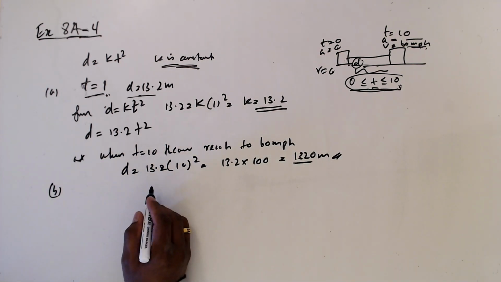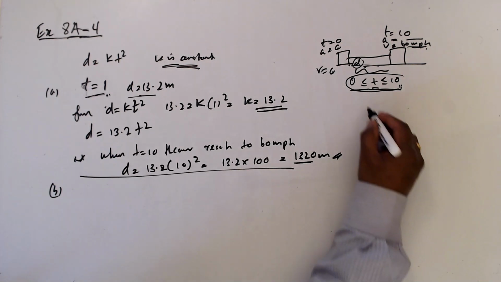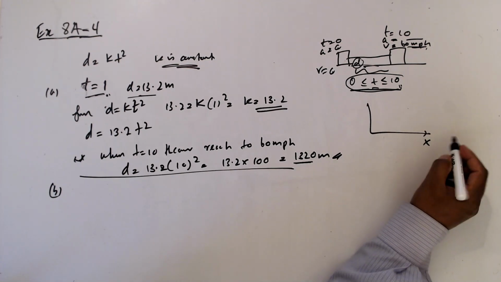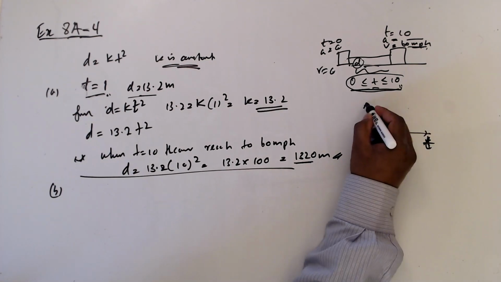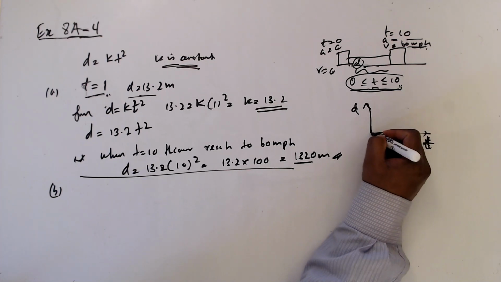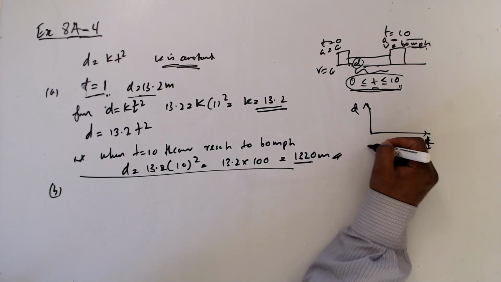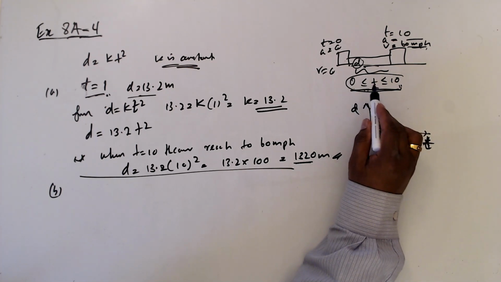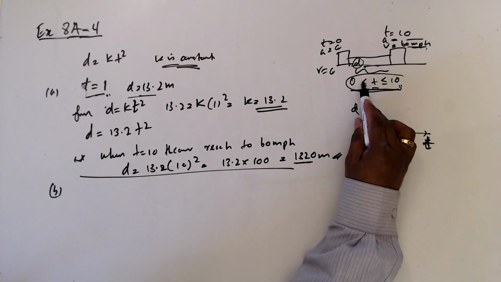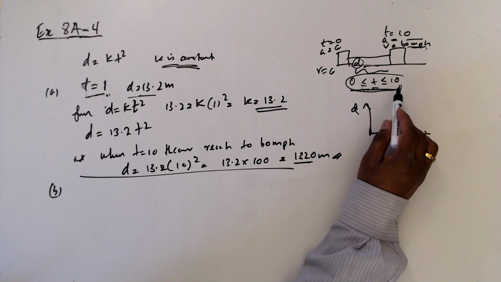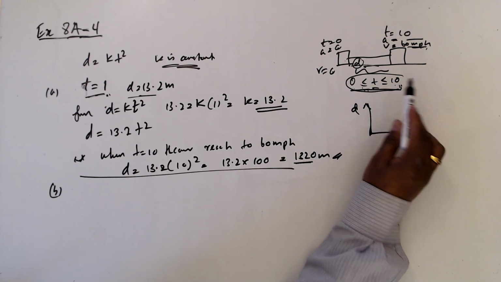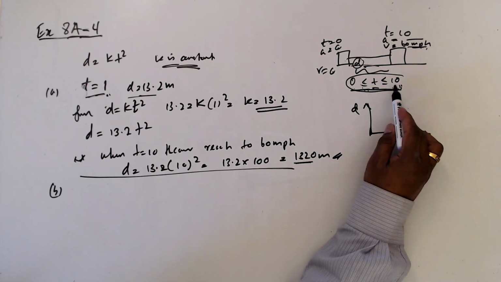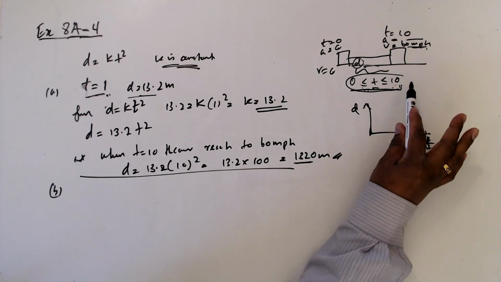And this is part B. Write down the range of values of t for which the model is valid. We know that the x-axis is t and the y-axis is distance. Time can't be negative, so it has to be 0 at the starting point, and when t equals 10, the journey is finished.